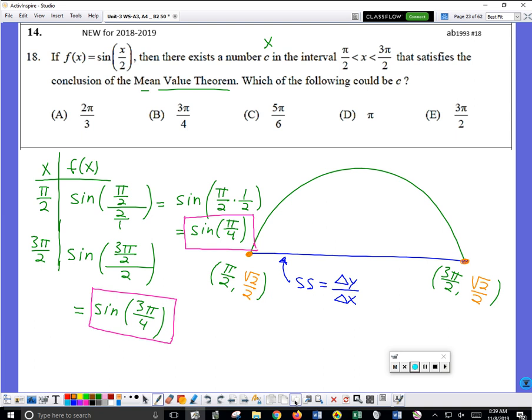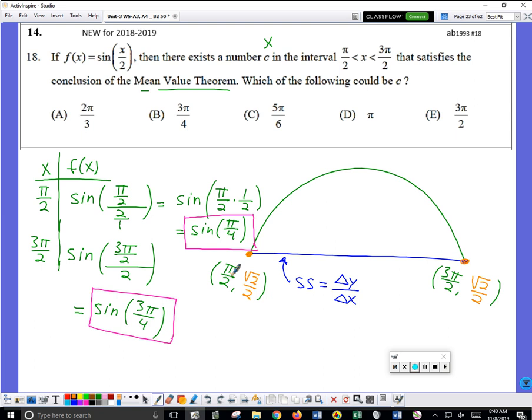And why? Because it's root 2 over 2 minus root 2 over 2. Perfect. If we're looking for the change in y, there is none. The y value does not change from one point to the next. The function's not changing, so there is no rate of change. The rate of change is 0. How many knew it?